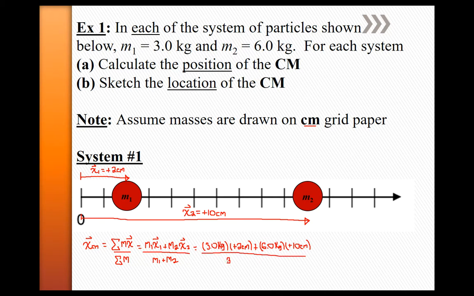So that'd be 3.0 kilograms plus 6.0 kilograms. All right, so that would be 2 times 3 is 6 plus 60, divided by 9. So I think we should get a number of about positive 7.3 centimeters.